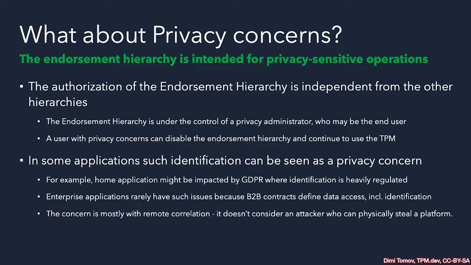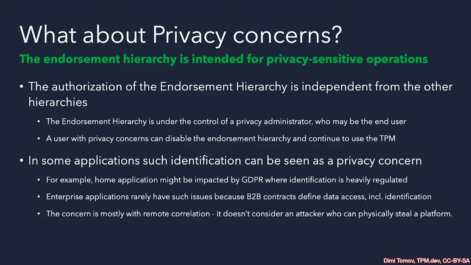So when using the endorsement hierarchy, we have to keep that in mind. And of course, there are direct solutions, but again, they depend on your use case. Especially for business-to-business interactions and enterprise software and enterprise security solutions, the privacy concerns can be covered in the contract, so the technology doesn't have to be limited.